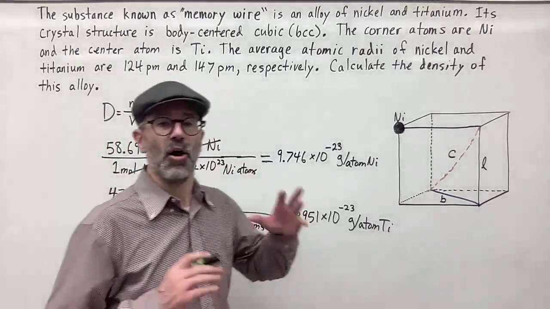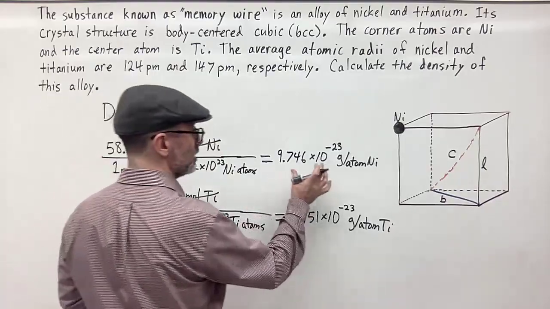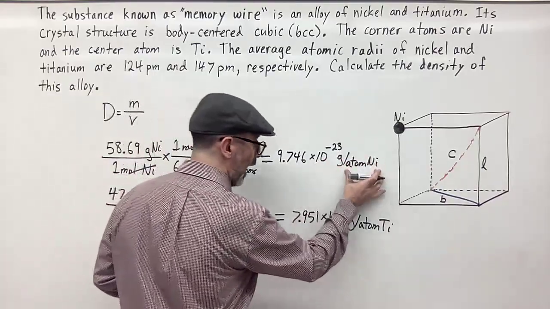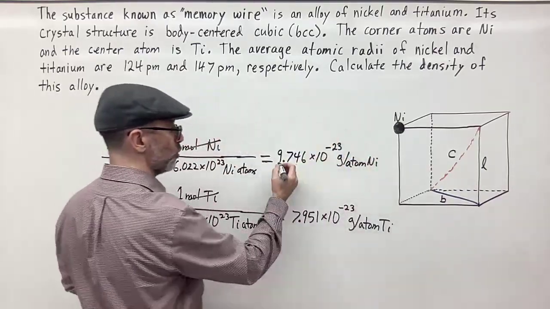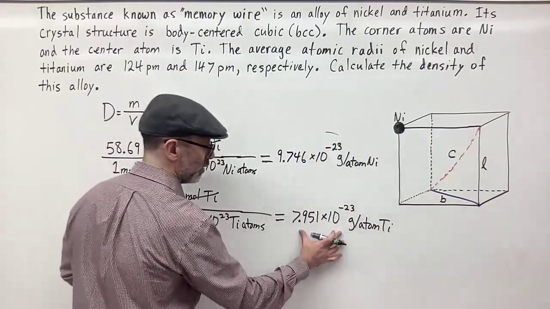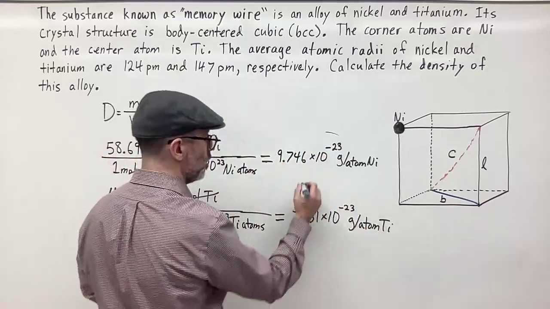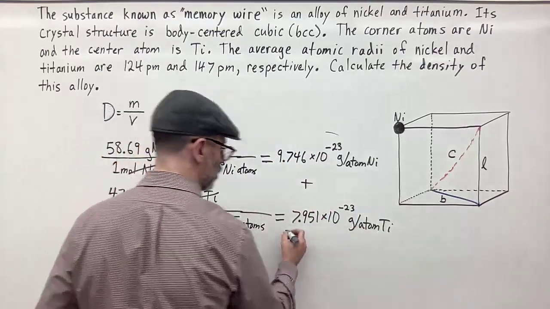All I need to do is add these together. Since this is the number of grams per atom of nickel and I have 1 atom, that means I have this many grams. And I have this many grams per atom of titanium and I have 1 atom, so that means I have this many grams. So I just add these together.